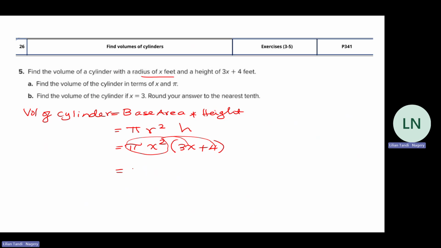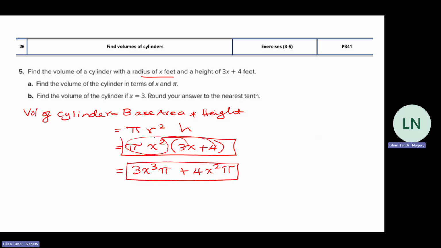So this will be 3x cubed pi plus 4x squared pi. This will be the best answer. Okay, so here, this would be the best answer, but this can also be your answer. And then cubic what? Cubic feet.